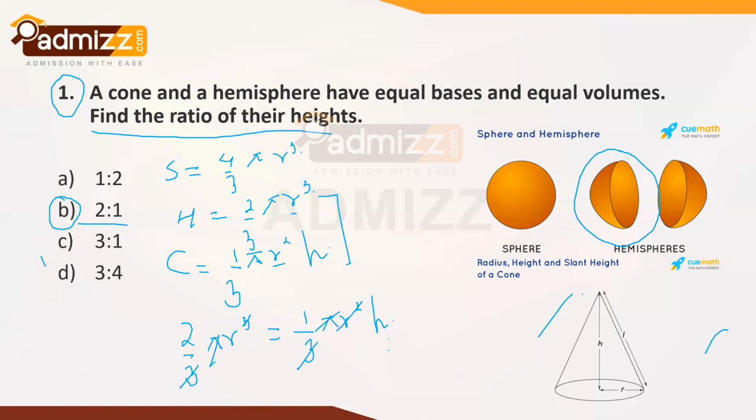So we've got h/r is equal to 2, or this can be written as 2/1. So the ratio of the height of cone and hemisphere is 2:1, right? Was this clear to everyone?